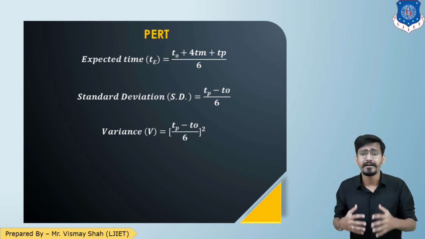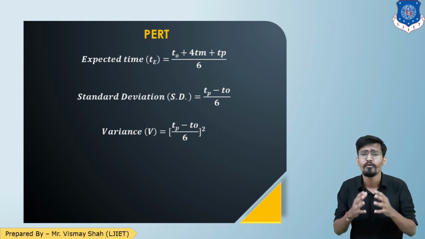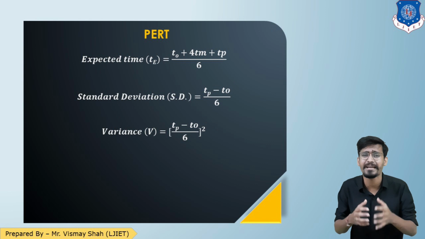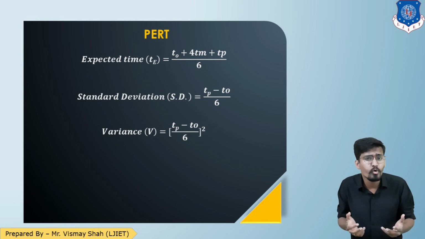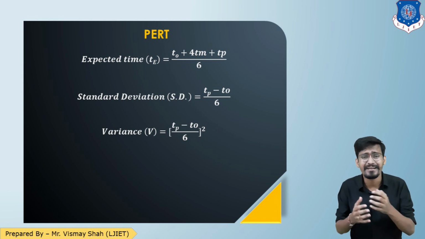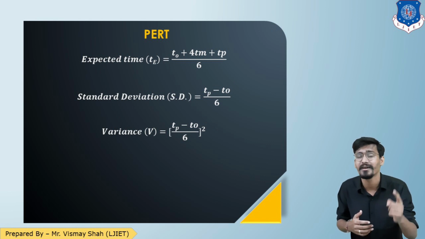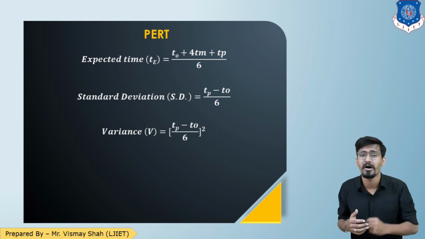But in the CPM method, to find the critical activity or the critical path, we need to focus on the concept of float, or find the total float. So what to do to find the critical path in the PERT method? Let me tell you that what is float in the CPM method is slack in the PERT method.